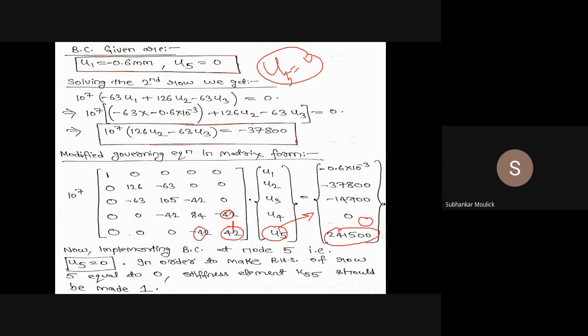Now if you multiply this row with this particular column, that is 0 into u1 plus 0 into u2 plus 0 into u3 plus 0 into u4 plus 1 into u5 equal to 0. Then this condition is satisfied. Yes or no?